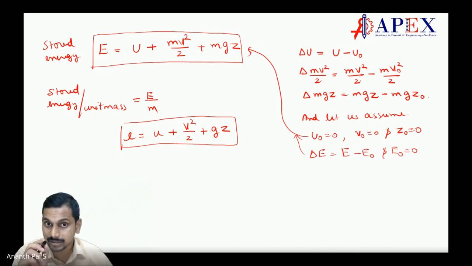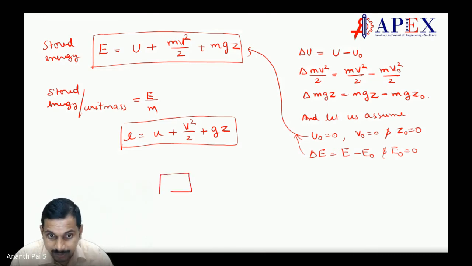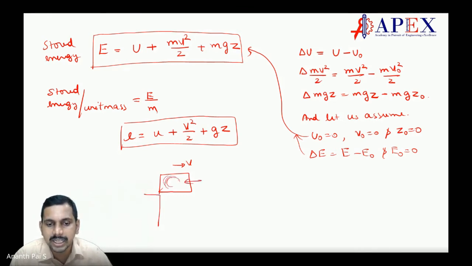Now there are some more things to be understood. Sir, if it is a closed system, where is kinetic energy? Where is potential energy? You will ask me, is it not? Correct. Kinetic energy means the whole closed system is having a velocity. The whole closed system may be at elevation, and there are processes happening here. There is heat transfer Q, there can be work done W, both can happen.